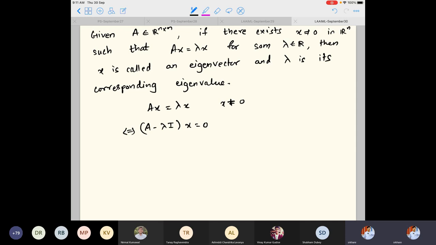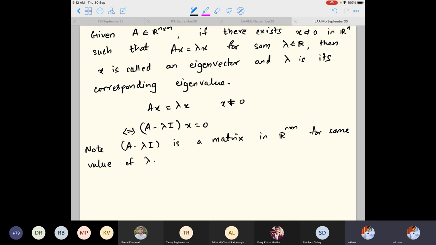Now A minus lambda I is a matrix in R n by n for some value of lambda, correct?